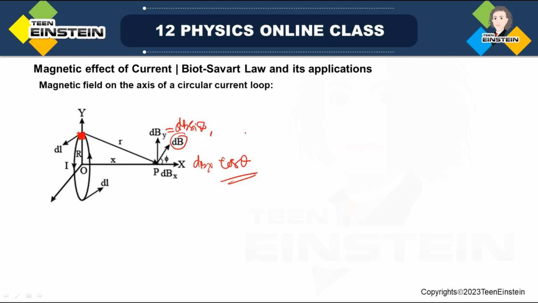Now we have to write this formula. So mu 0 I dl cross r by r cube.